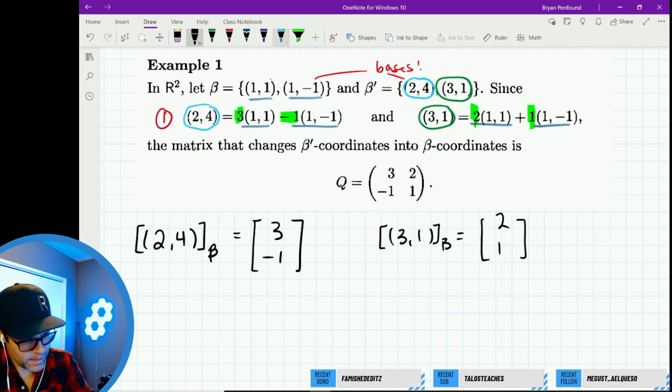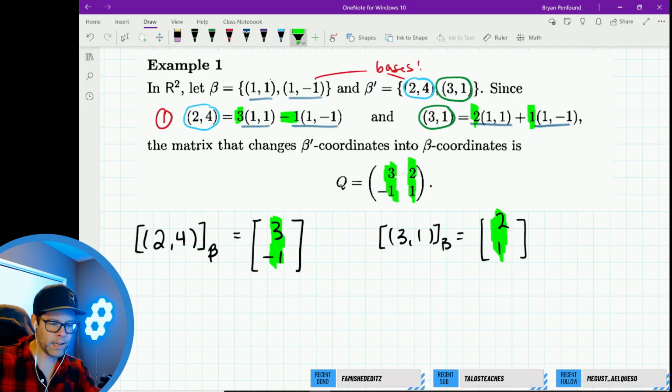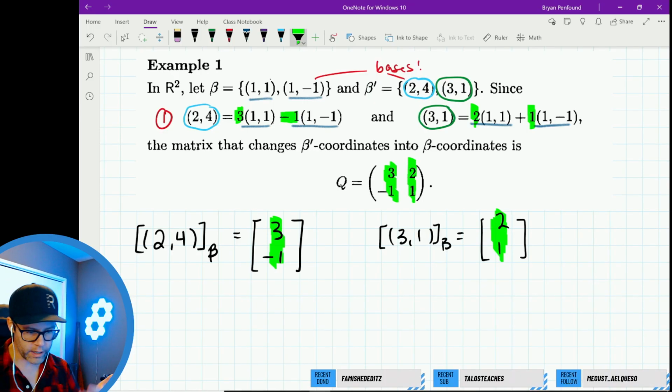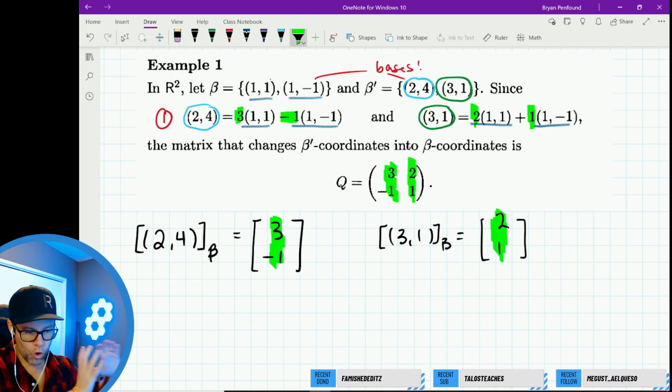And then the next biggest thing to notice is that these 2 coordinate vectors become columns inside the matrix that we're curious to get. So the first step is to take basis beta prime and express it as coordinate vectors with respect to basis beta.